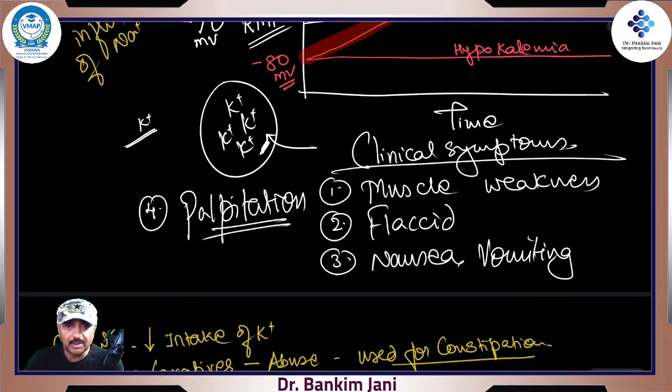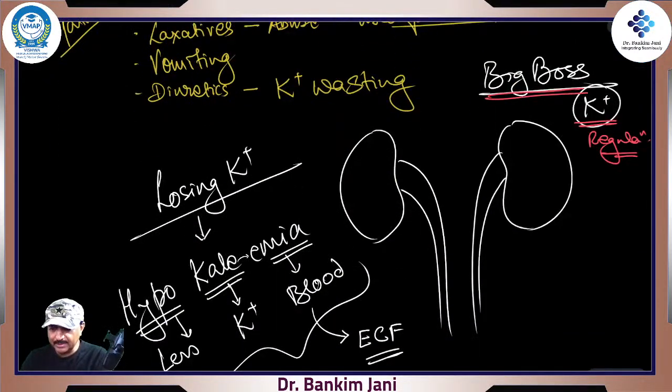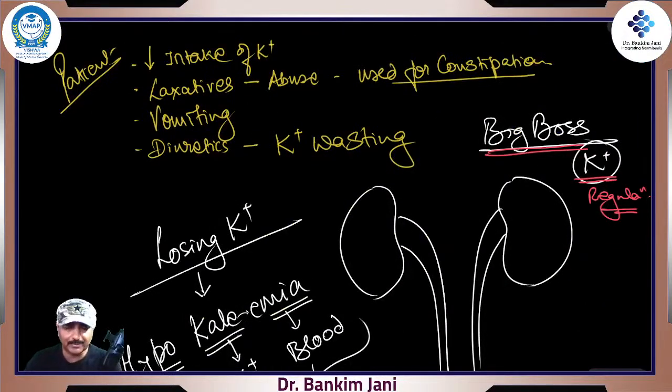Now, when we talk about hypokalemia, one thing is crystal clear: it is the kidney which is involved. The kidney is the major contributor of controlling potassium. So it can occur when the kidney is working more, especially in the form of diuretics, leading to potassium wasting.